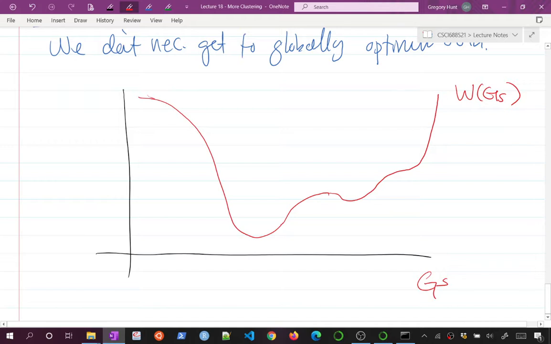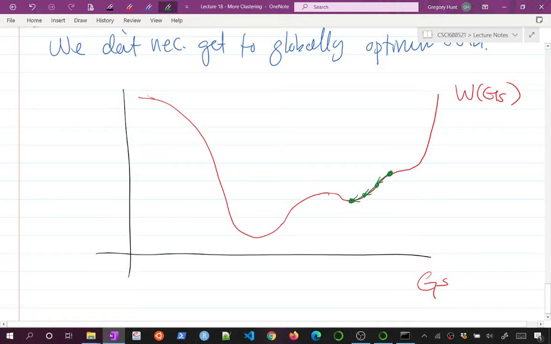Okay. So the first step in my Lloyd's algorithm was to initialize my groups randomly, and I land in a random place in this space. There's a whole literature on how to do this well, because if I initialize my groups randomly and land here, at each step I'm guaranteed to take a step lower.